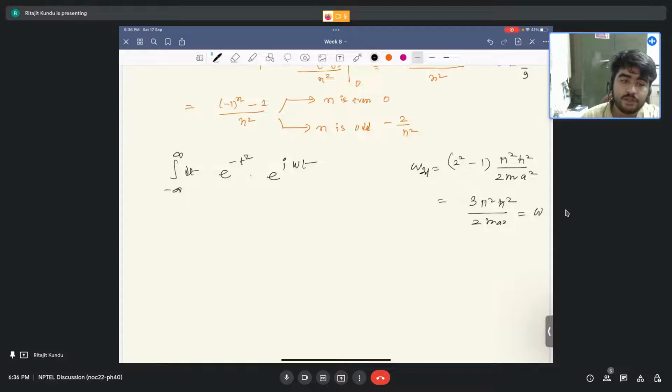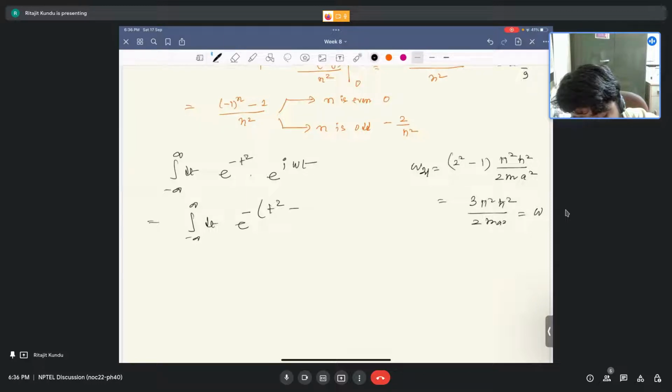So the way to do this integration is to complete the square in the exponent. In the exponent, if we combine all of the terms, we have minus t square minus i omega t. Yeah, that's correct.